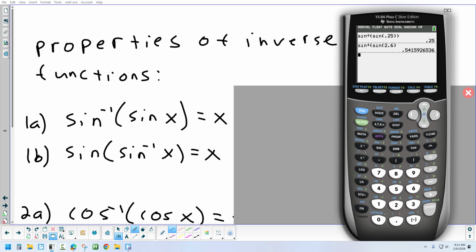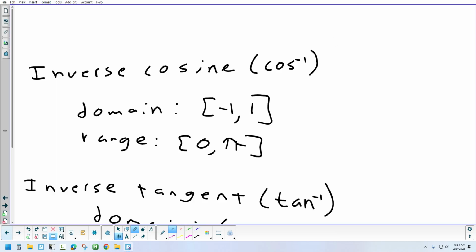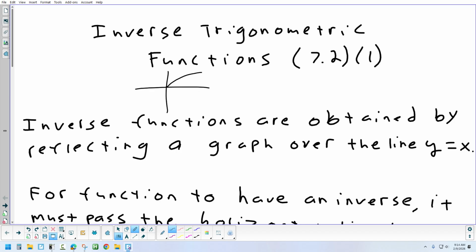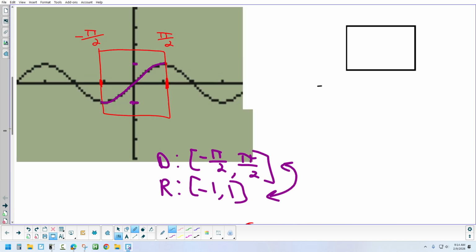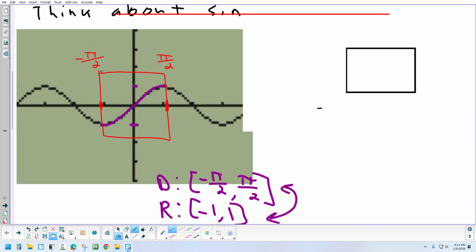And that's because the number that you put in here, inside, has to respect what you said right here. We have to be inside that box.